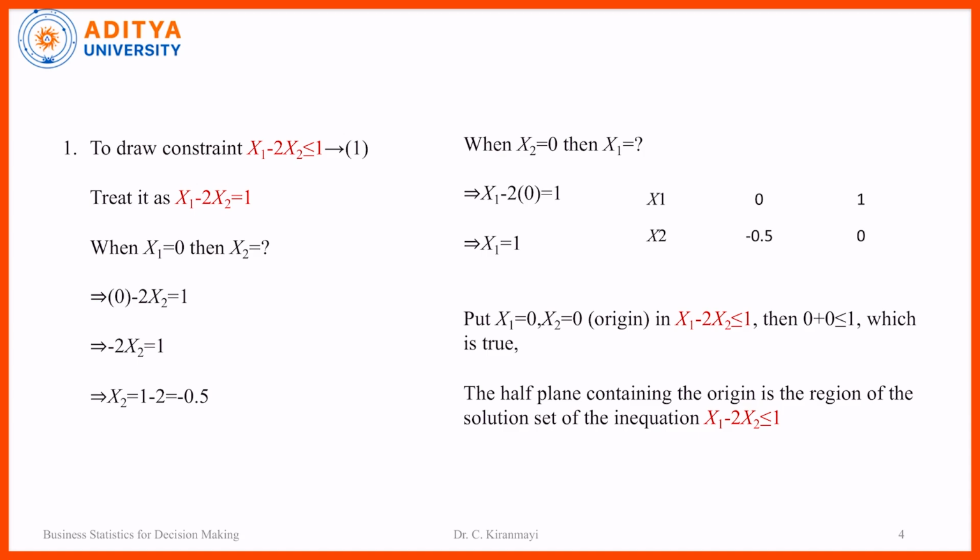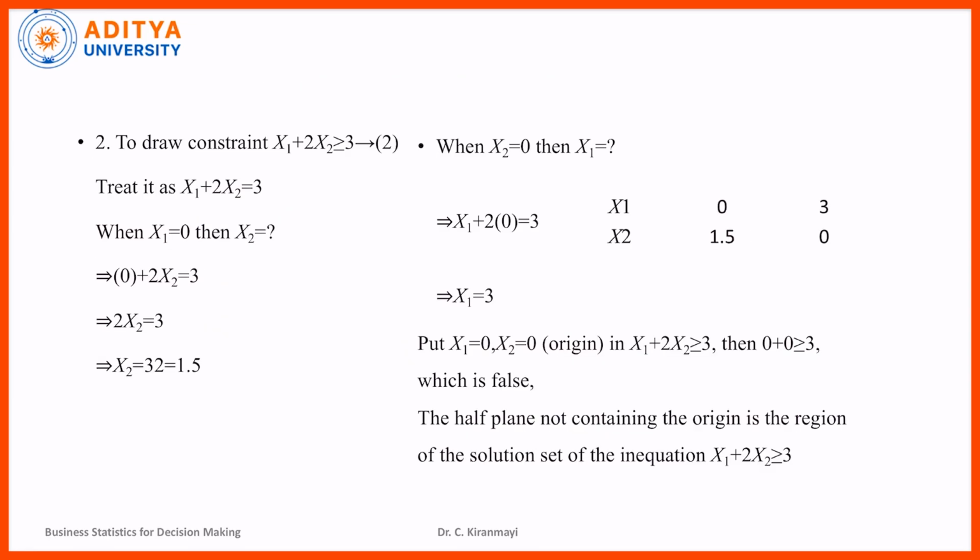So, the first step is to consider the first constraint. Consider this inequality as an equation, x1 plus x2 is equal to 3. First put x1 equal to 0, then x2 is going to be 1.5. Likewise, next put x2 equal to 0, then x1 is going to be 3.